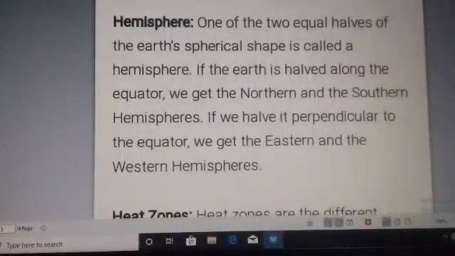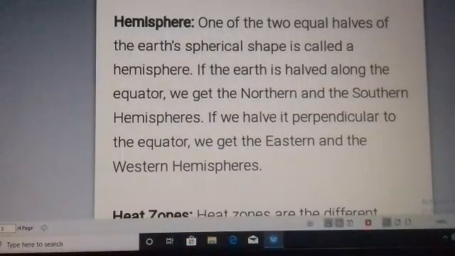Next is hemisphere. One of the two equal halves of the earth's spherical shape is called a hemisphere. Now we know that a ball is a sphere. If we cut the ball into half, we get two hemispheres. So hemispheres are the halves of a sphere.